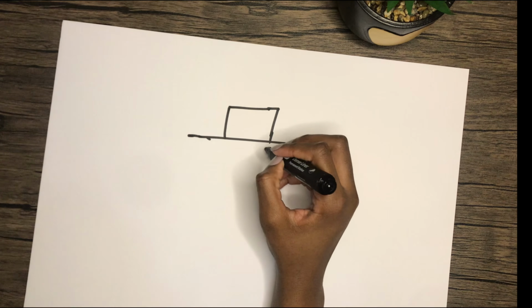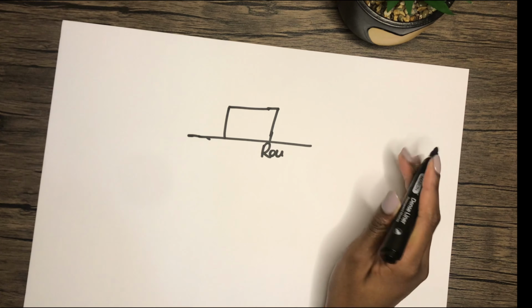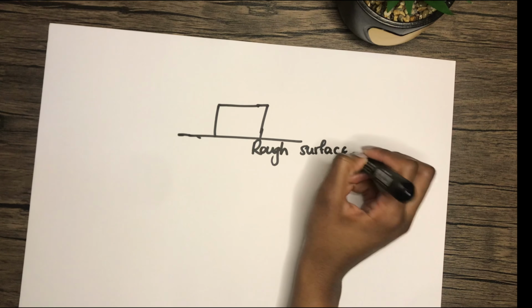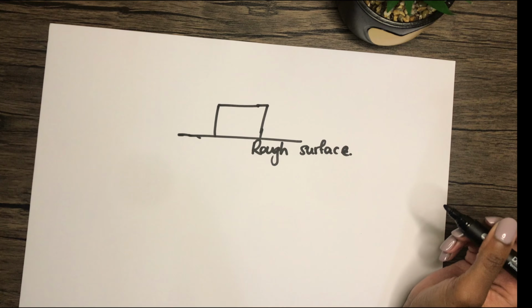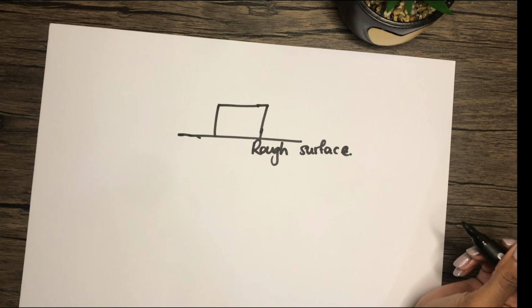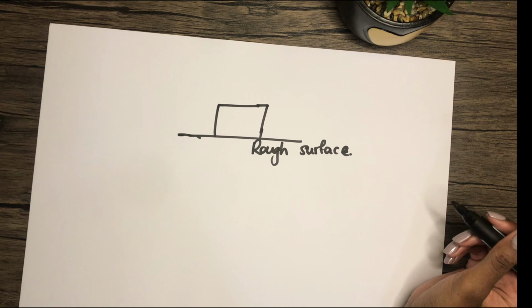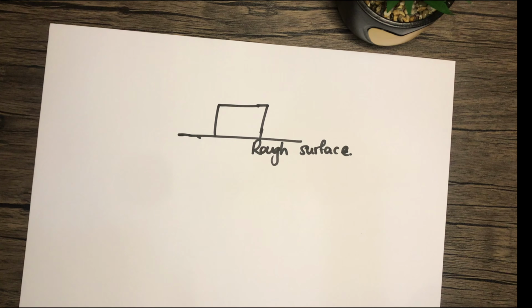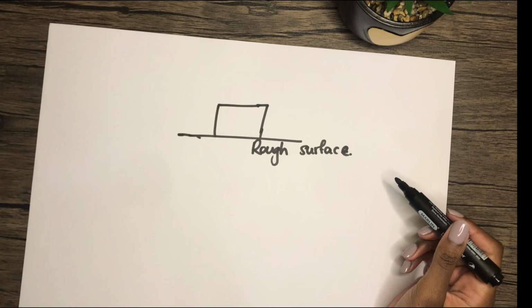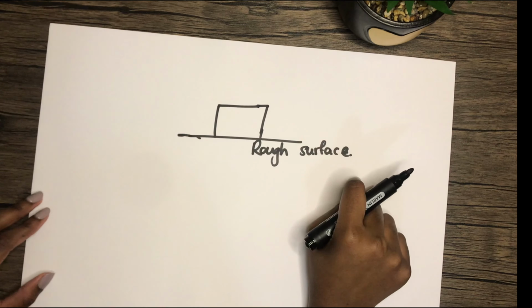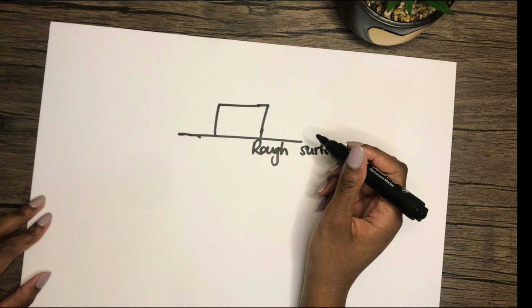Let's say this object is on a rough surface, which means this surface has a certain amount of friction. It has a coefficient of friction, which means if you try to move the object, or get the object to start moving, there's a force that is going to oppose motion or the tendency of motion.